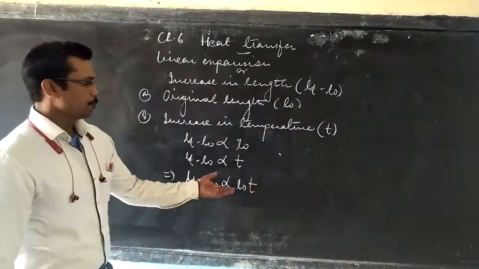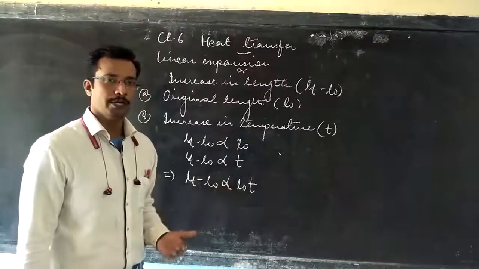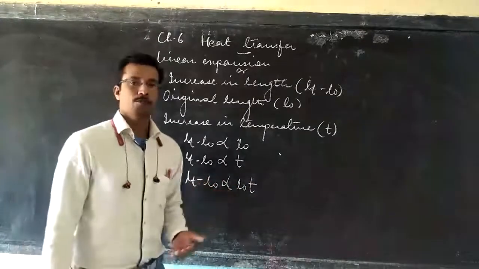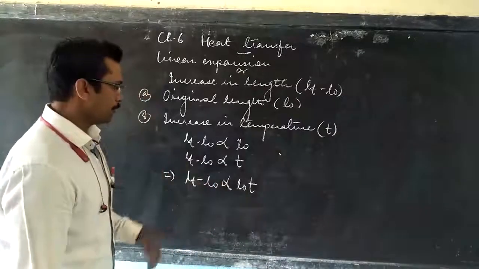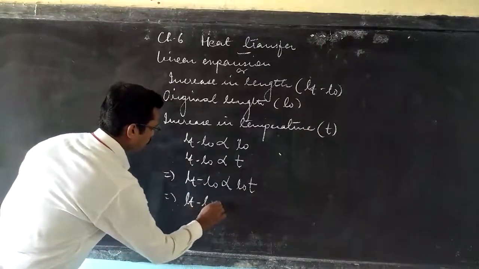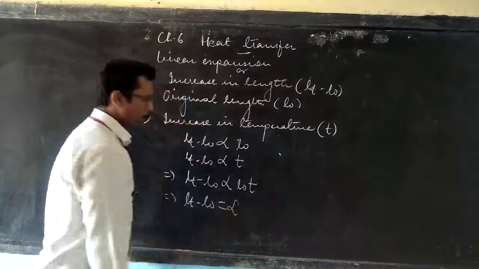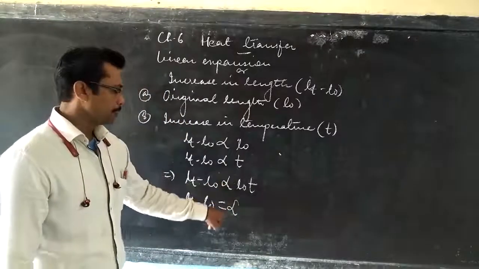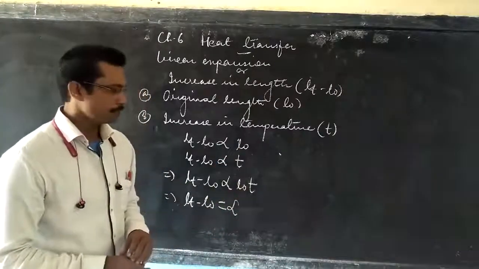Now to remove this proportionality sign and change the expression into equality, we have to take one constant term, and the constant here will be alpha. So we can write LT minus LO is equal to alpha. It looks like the proportionality sign, but it is alpha, which means it is the coefficient of linear expansion.